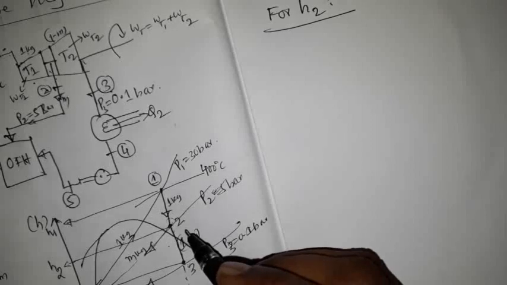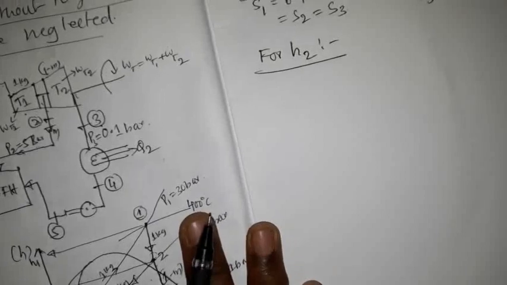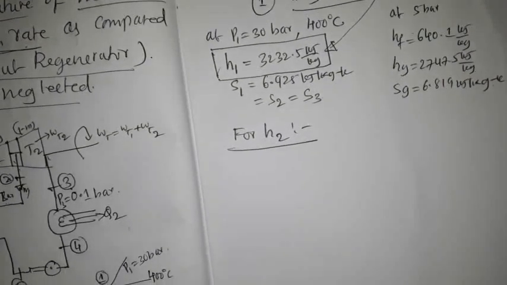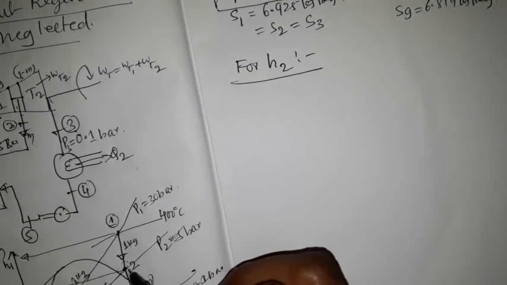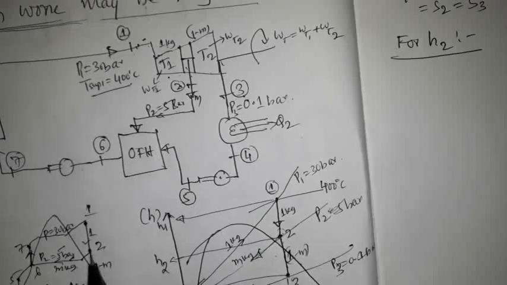So to determine it, we'll compare the entropy values. That is, the entropy value at state 2 on the TS diagram.